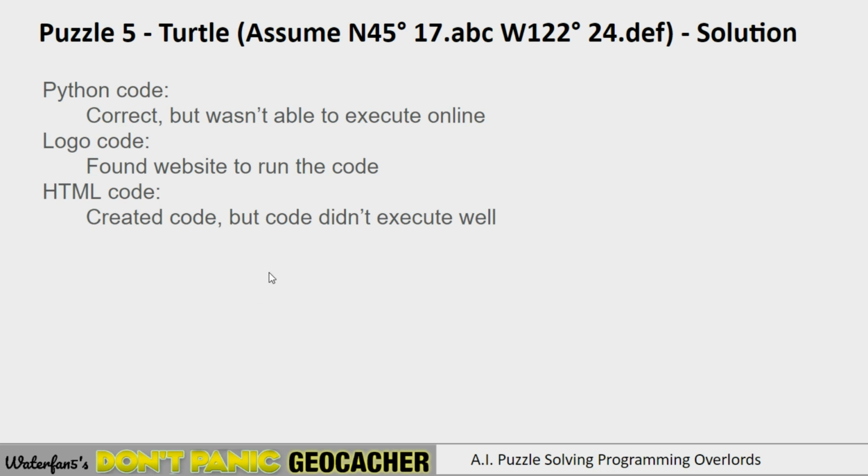So here's what we saw. Python, although correct, I wasn't able to execute it online, but the code was correct. The Logo code, the actual language, we found the website and we were able to run the code. And then the HTML JavaScript code. It created code, but the code had some issues. And so I showed you, if you don't see the result, that you can just ask it to correct the result.